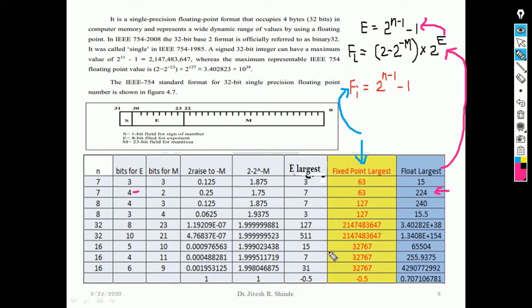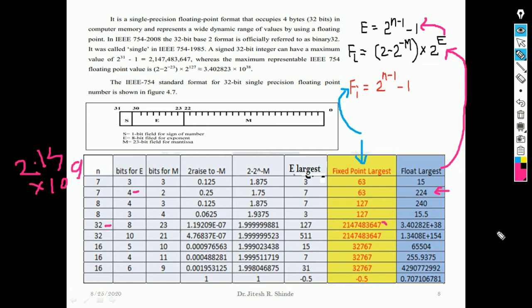Let's go with the example of 32. For n equal to 32, in fixed point the largest value is 2147483647, which means the value is 2.14 into 10 to the power 9. In floating point, the bits allocated for the exponent is 8 and for the mantissa is 23.